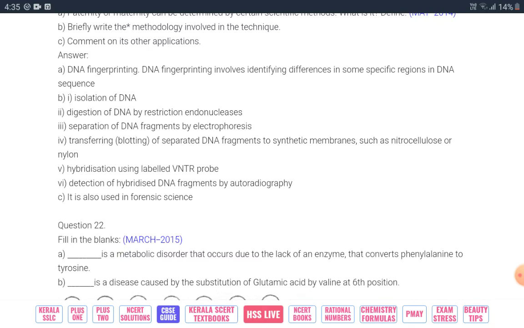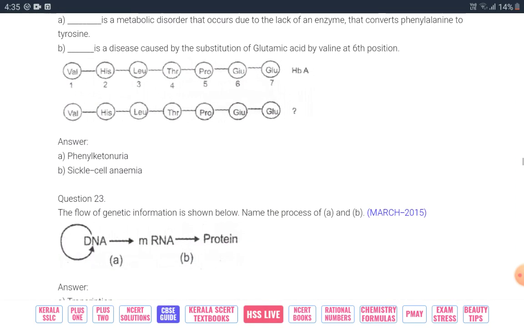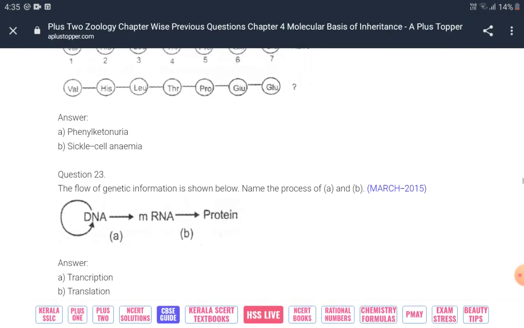Where is the application? It's used in forensic science.